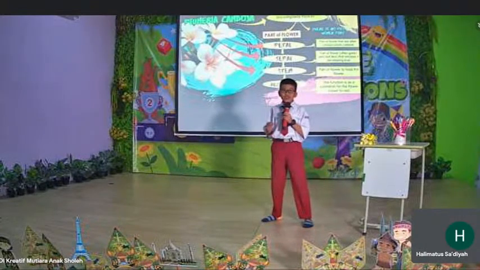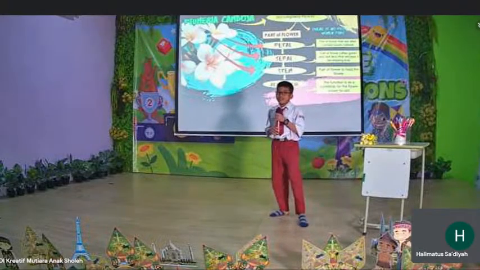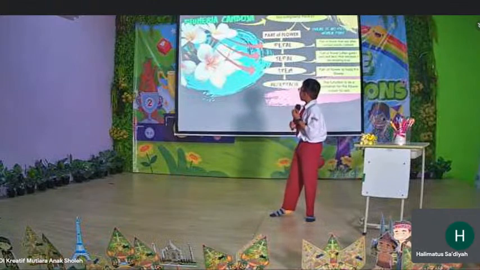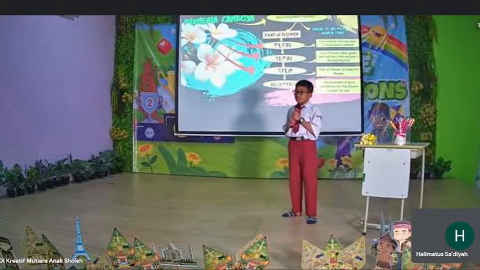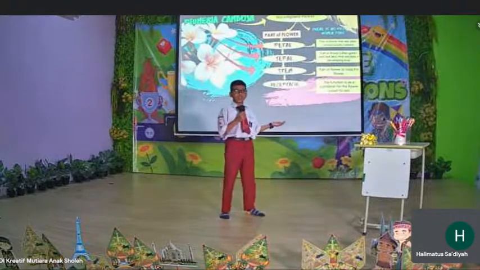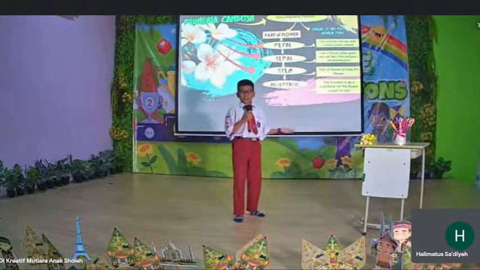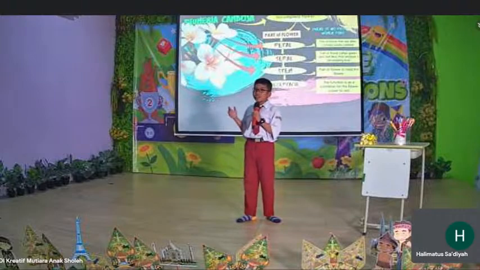Do you know why? Okay, the Kamboja yellow and white flower is incomplete because there is no pistil, or the female part. And now the parts of the Kamboja yellow and white flower.